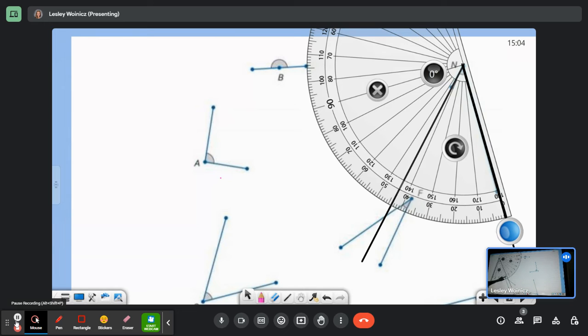Without knowing that it was 44, I might have guessed it was like 45 because it kind of looked like it was in the middle. But do you see that it's not? Okay? So when you're measuring, make sure that you are getting those auxiliary lines on there. You may use the ruler edge of your protractor to make your auxiliary lines.